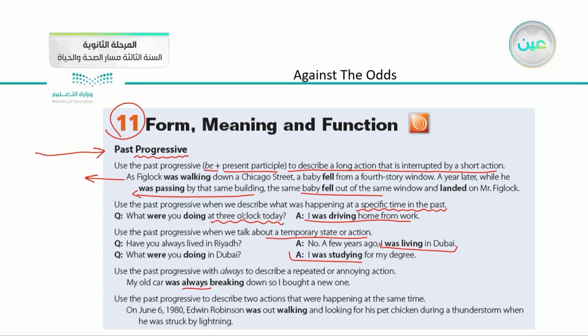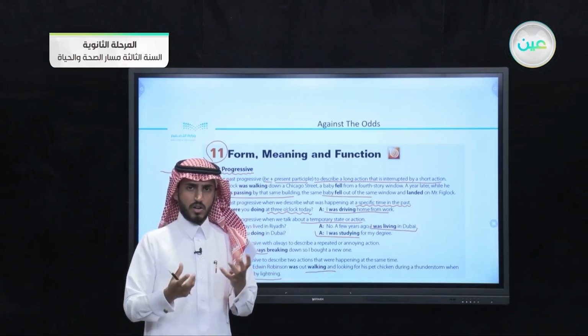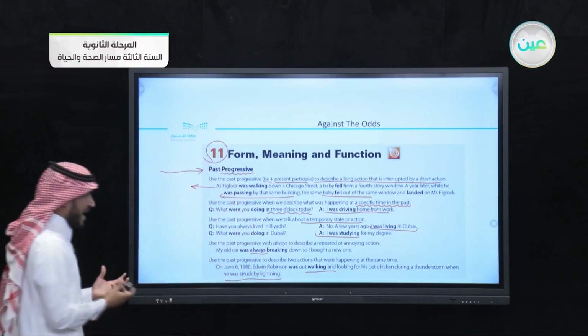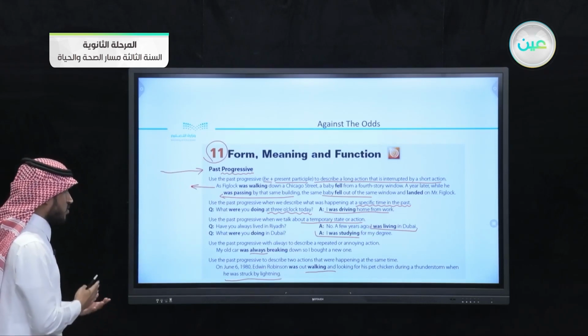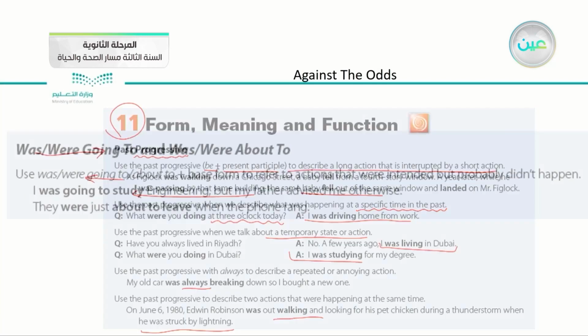So he was out walking and at the same time he was struck by lightning. There are two actions that happened at the same time. This is one of the situations where we use the past progressive.